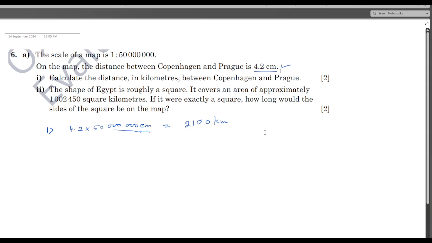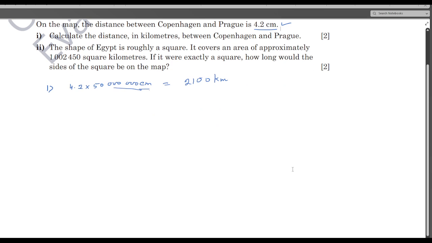Okay, the shape of Egypt is roughly a square. It covers an area of approximately 1002450 square kilometers. If it were exactly a square, how long would the side of the square be on the map? Okay, so here the area of Egypt is given.